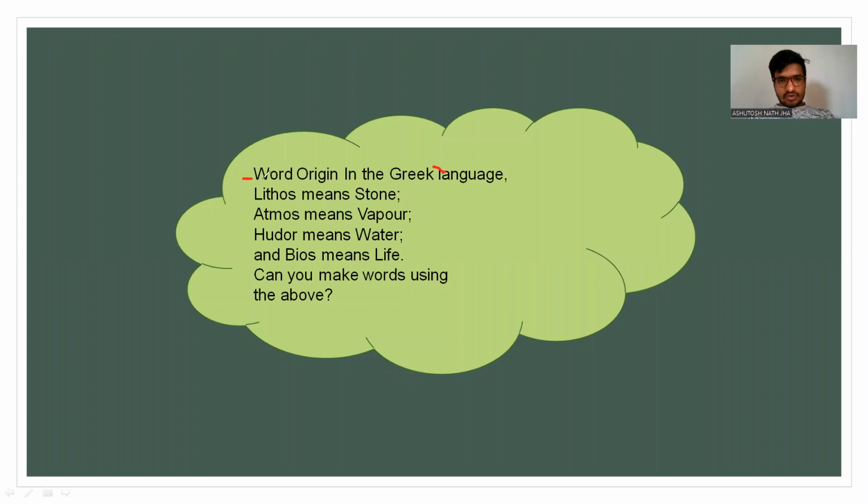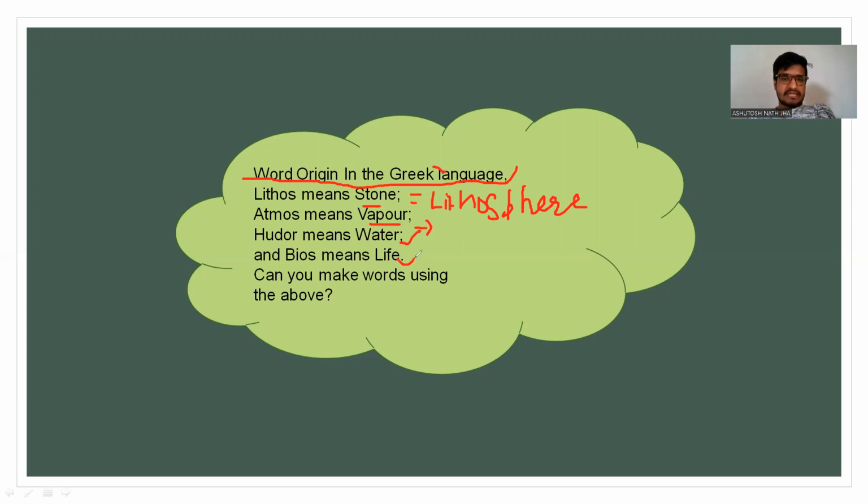Litho means stone, so it gives lithosphere. Then atmos means vapor, so it means atmosphere, and hydro means water, hydrosphere.